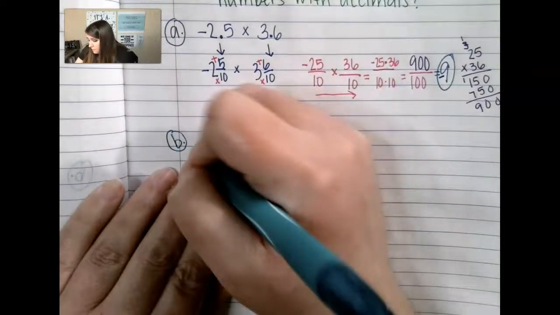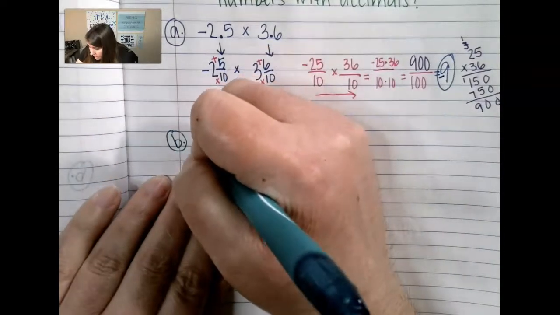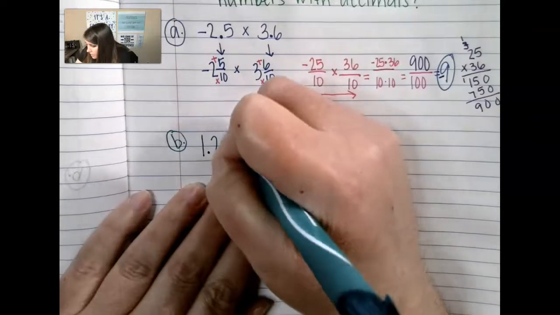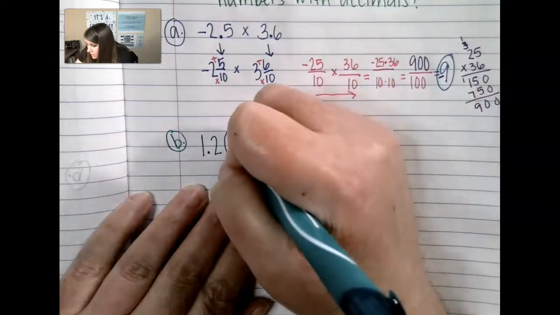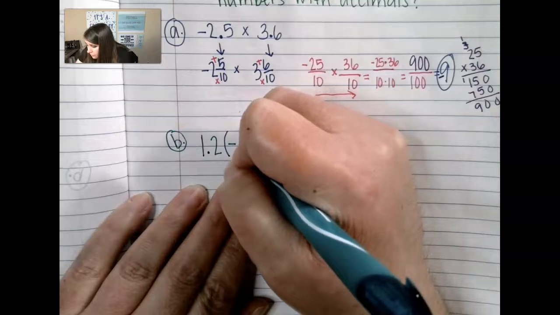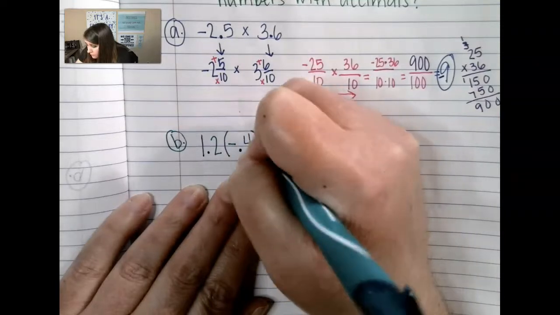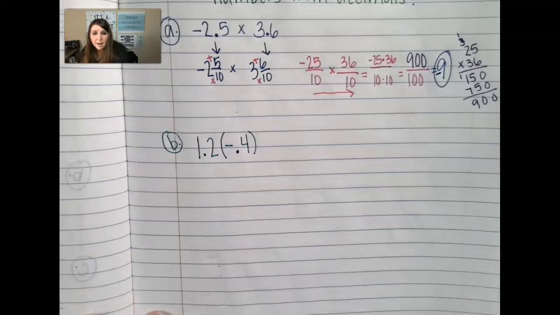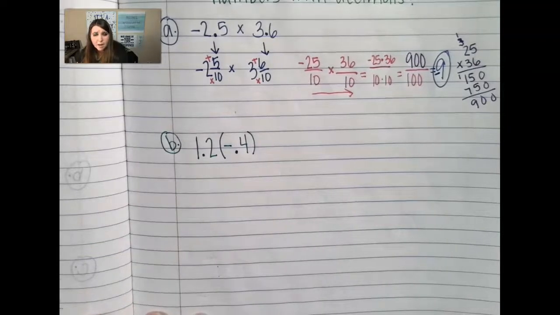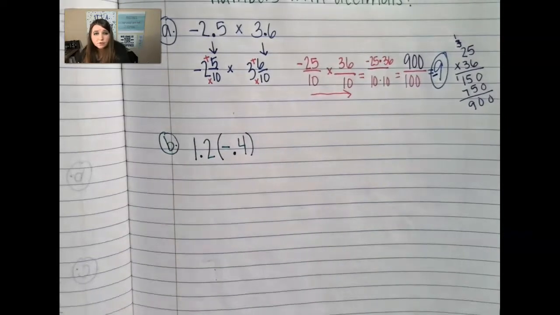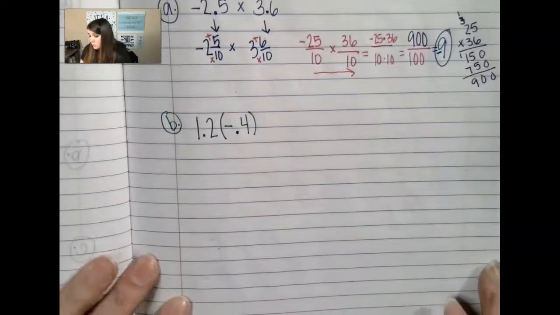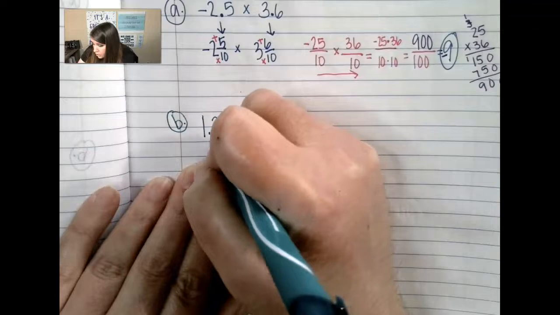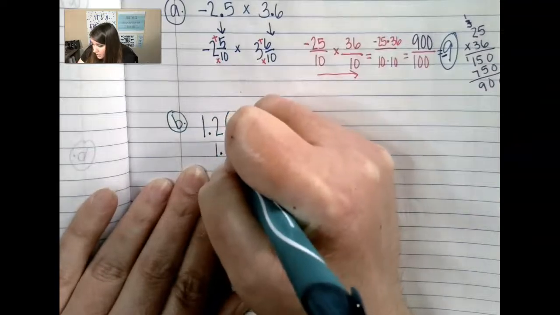Okay, this problem is going to look like this. Let's say that I have 1.2, and I'm going to multiply that times negative 0.4. I can solve these just by multiplying without having to convert to fractions. I'm going to set this problem up just like a normal multiplication problem.